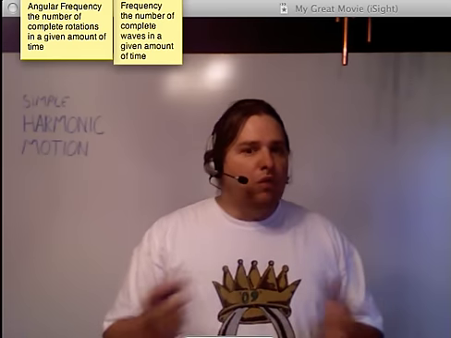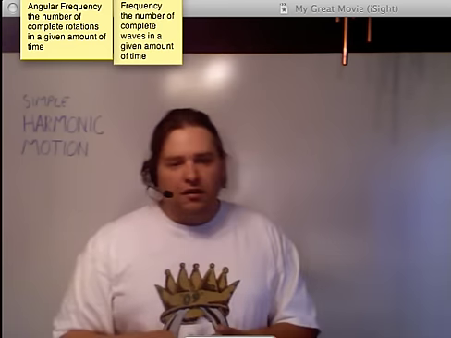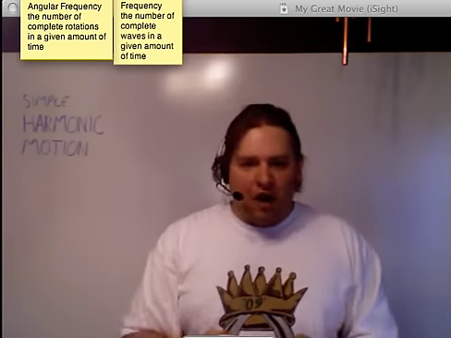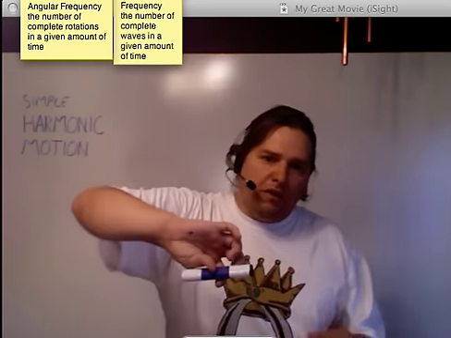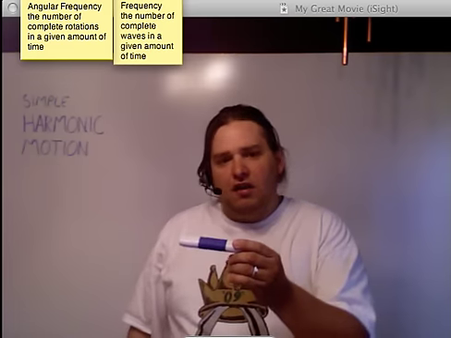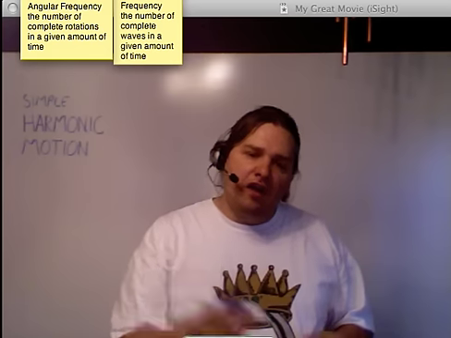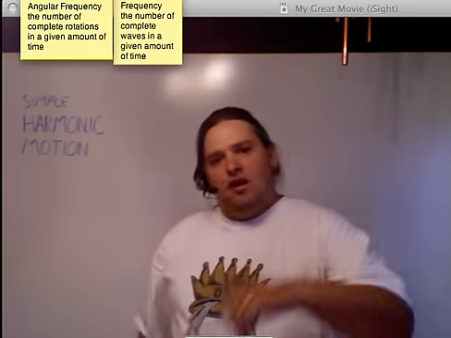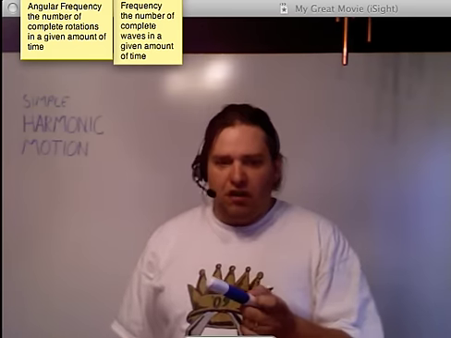But what we'd like to see it in is radians. Imagine that an object completes one complete rotation in a given second. Then we can say that the angular frequency of that object is 1 revolution per second.